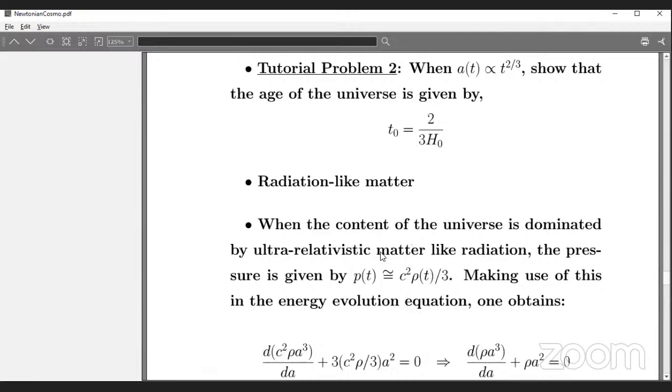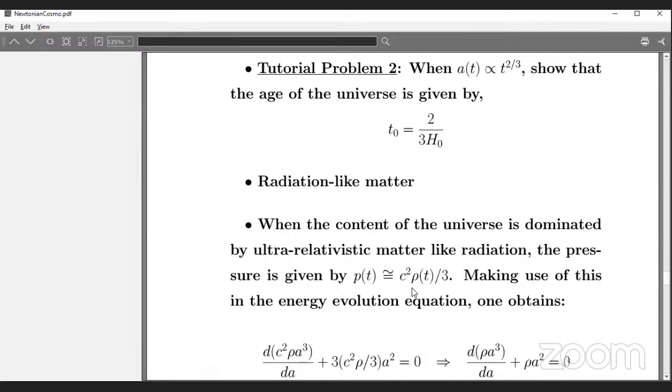For such ultra-relativistic matter, one can show that the pressure at any time is the energy density at that time divided by 3. You can intuitively see why this factor of 3 comes up, because for ultra-relativistic matter, as I just argued, momentum is approximately equal to energy divided by c.